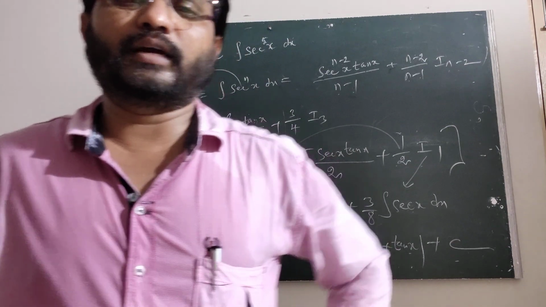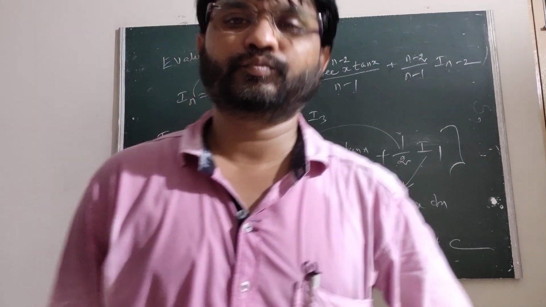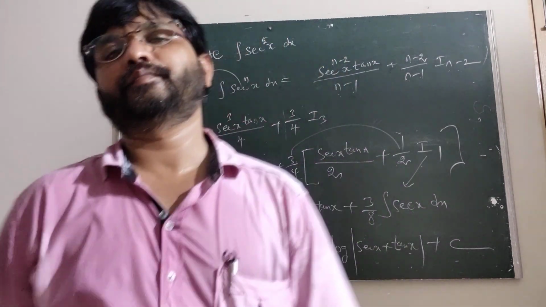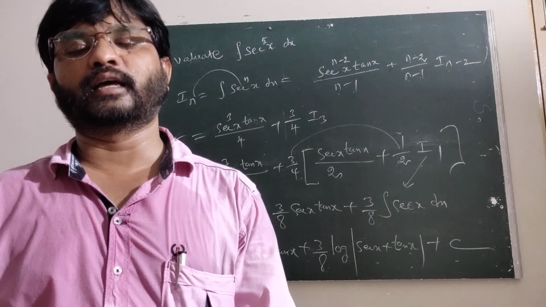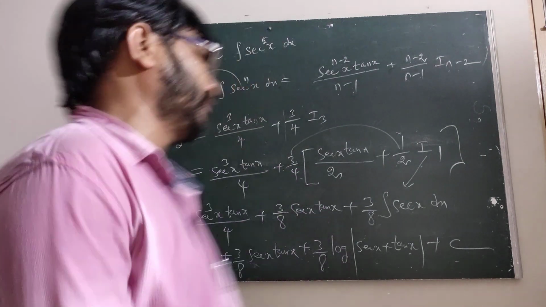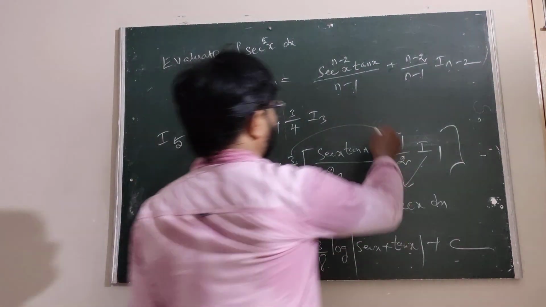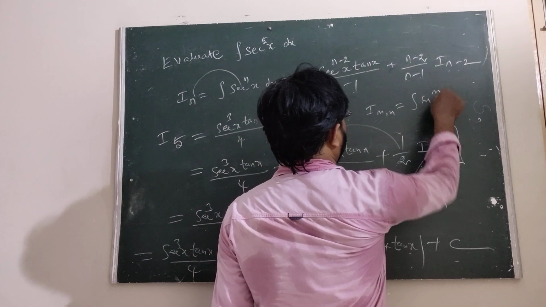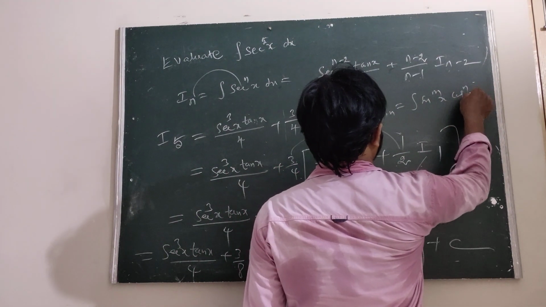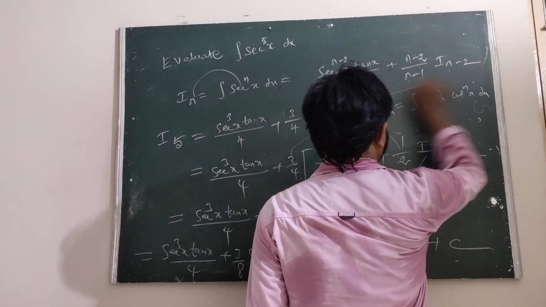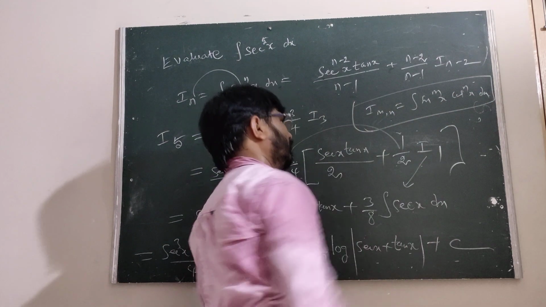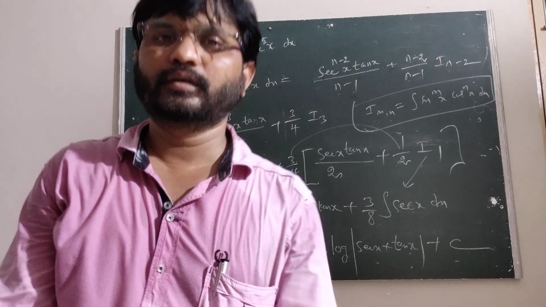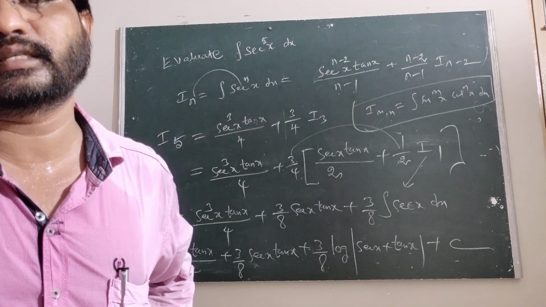Also we have completed some more models in integration by parts. In the reduction formulas only one is remaining, that is I m comma n, the integral of sin power m x cos power n x dx. This will be completed in the next class.